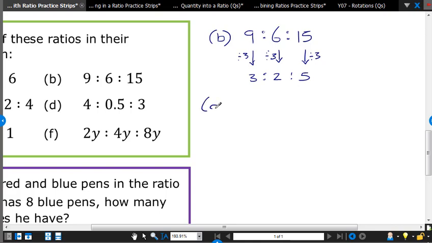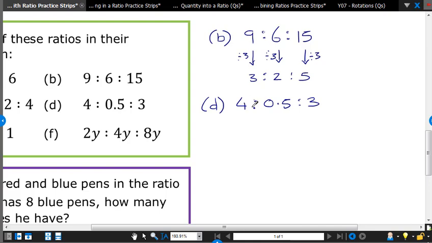D. So we have 4, 0.5 and 3. I think we might have done this in class. We don't like this straight away. 0.5, how do we make that a whole number? It's a half, so we multiply by 2.